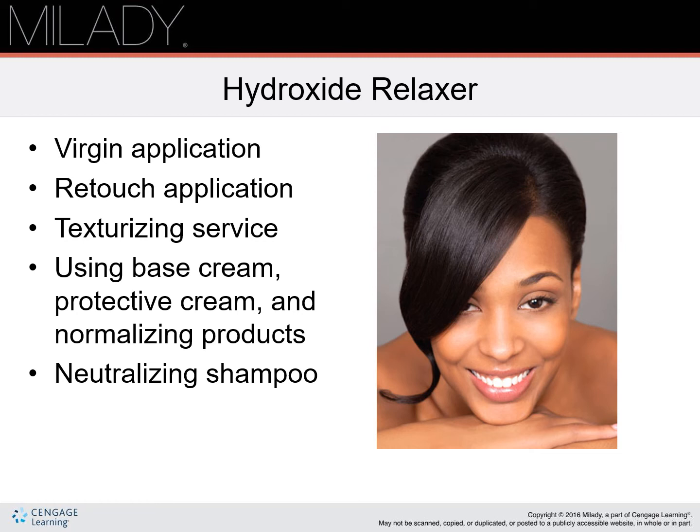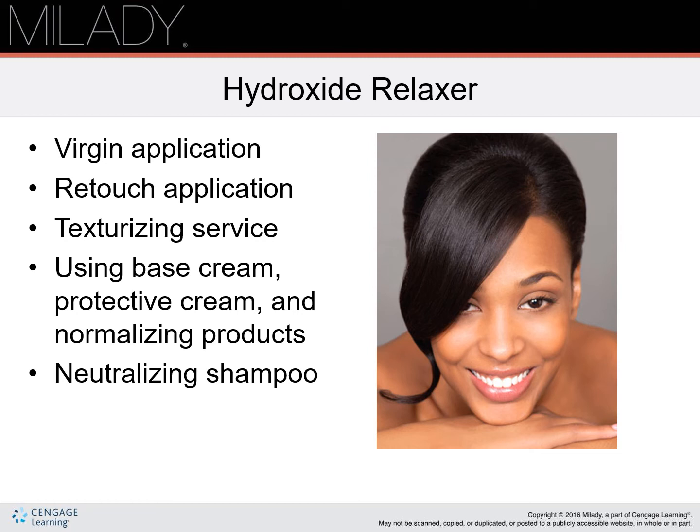Contemporary hair relaxing often includes the application of a normalizing or conditioning lotion after thoroughly rinsing the relaxer out of the hair and prior to using the neutralizing shampoo. A normalizing lotion is a conditioner with an acidic pH that restores the hair pH before the final neutralizing shampoo.